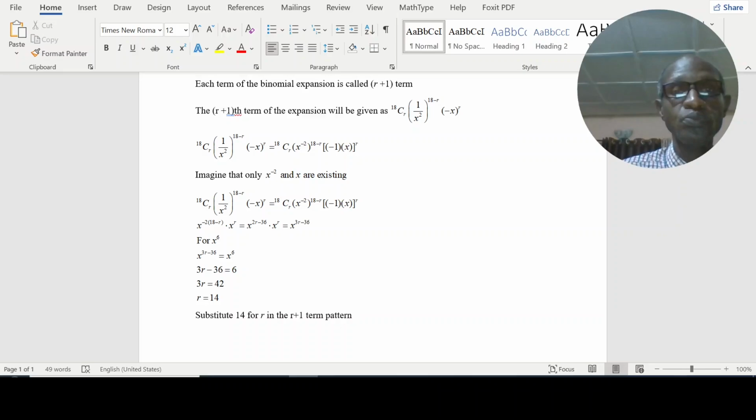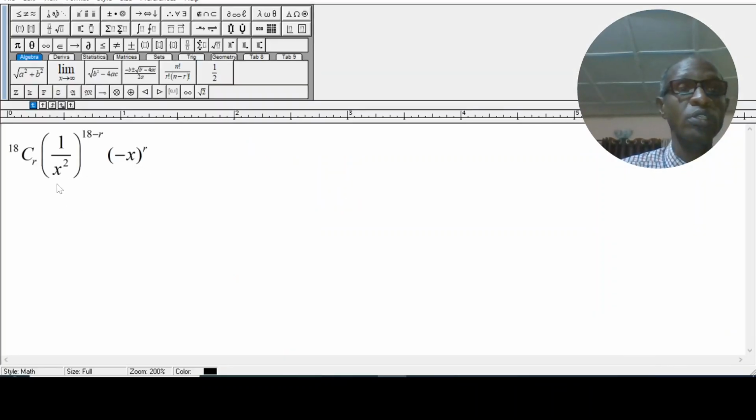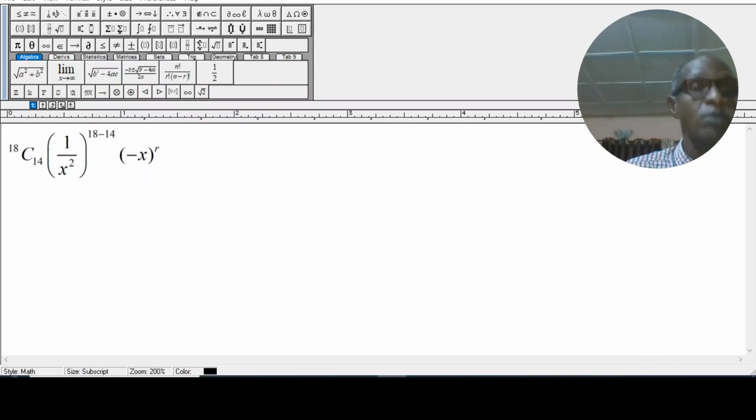So now what we need to do is just substitute in our R plus 1 term. Let me just copy it. So we substitute 14 anywhere we see R. So this is 14, and this is 14, and this is 14.